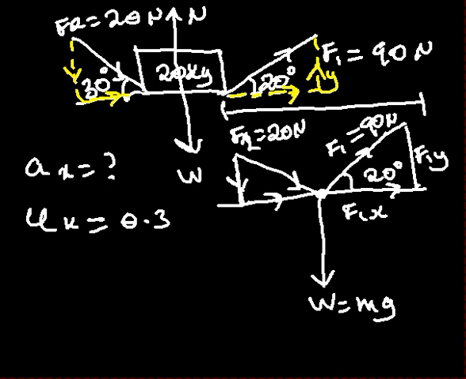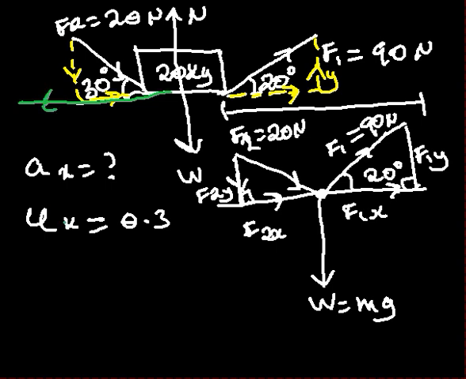So this is F2x, and this is F2y, that is the y component. Keep that in mind, and mind you, the motion is along the x-axis towards this direction. And apart from these forces, we also have the kinetic friction force, opposing the motion, pointing towards this direction.